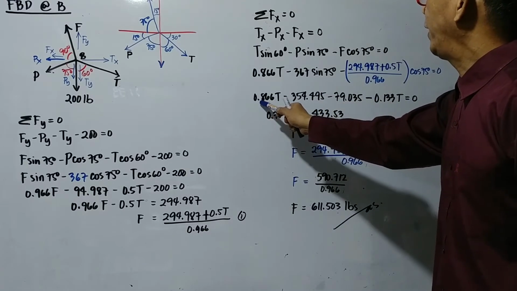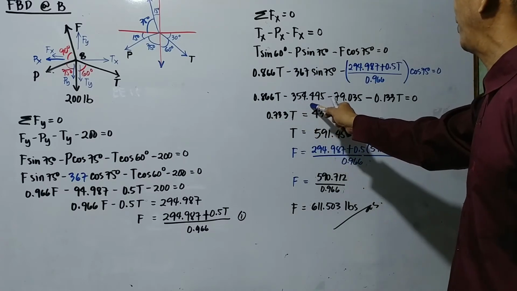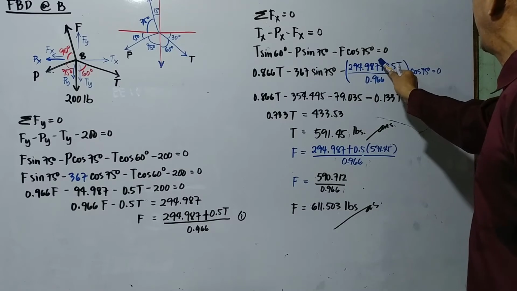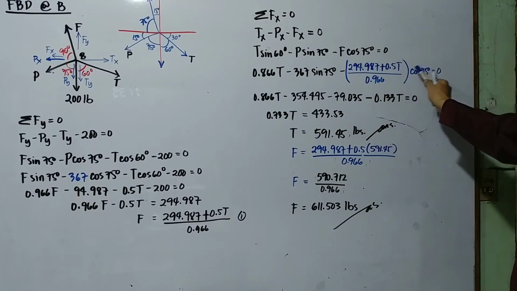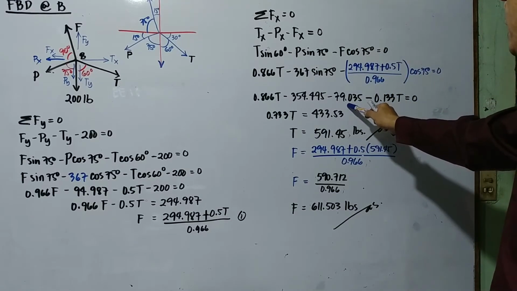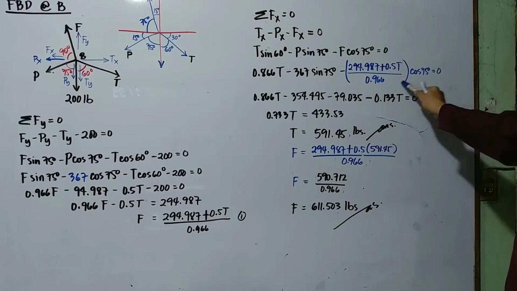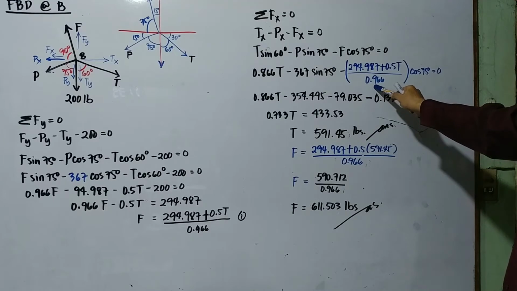Or we have 0.866 T minus 354.9495 minus 79.035.